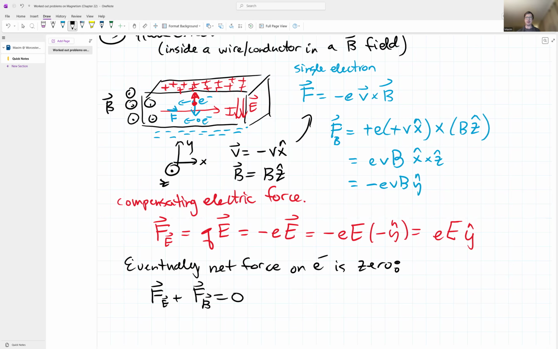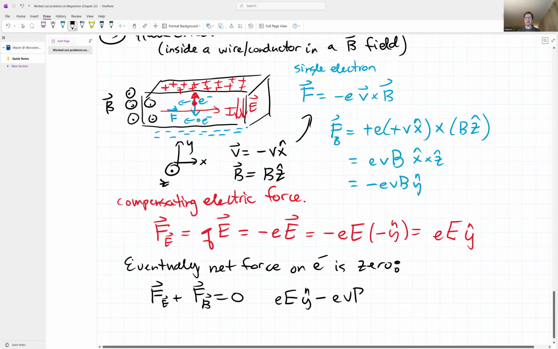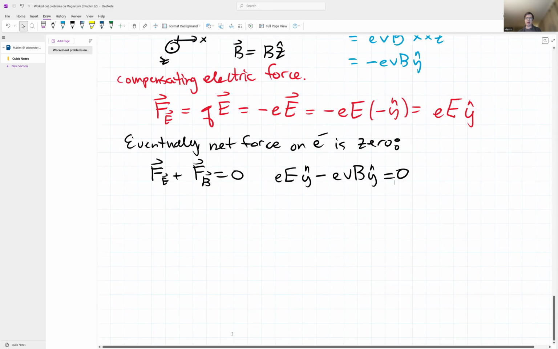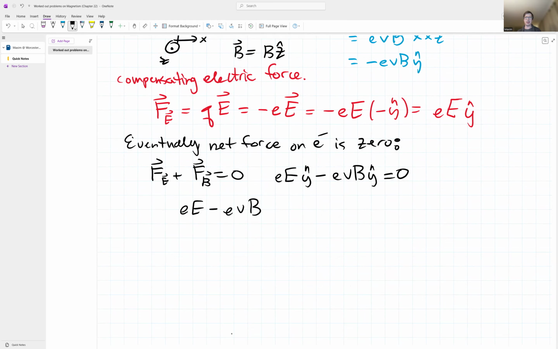And so when that happens, we can plug in here and we have e E y hat minus e v B y hat is equal to zero. And you can see that this is the condition for it, when this guy cancels that guy exactly. That's when there's no more force on the electron.